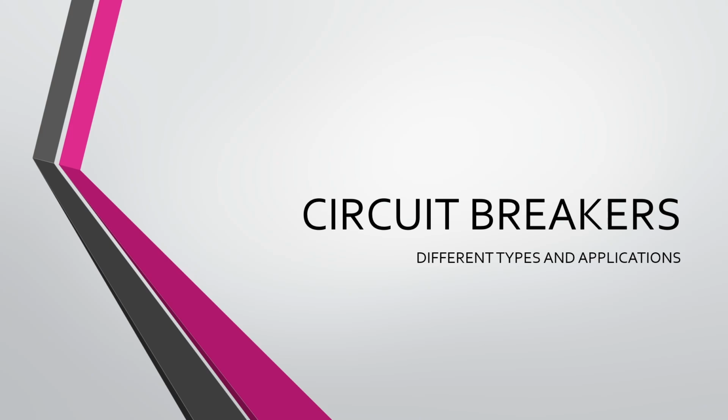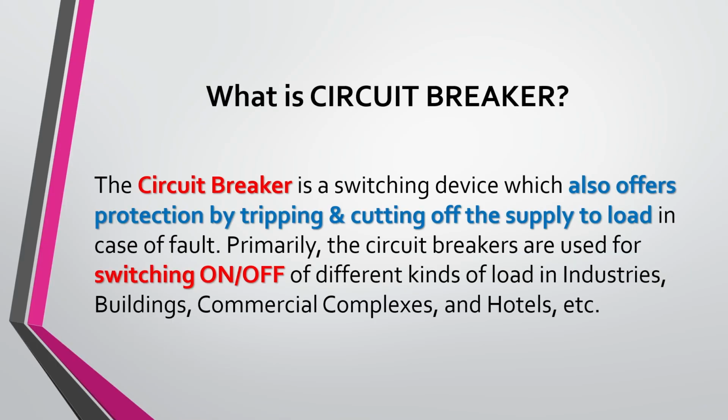Hello friends, in this presentation we are going to talk about circuit breakers, their different types and applications. So let's first talk about what circuit breakers are in fact. The circuit breaker is a switching device which also offers protection by tripping or cutting off the supply to load in case of fault.